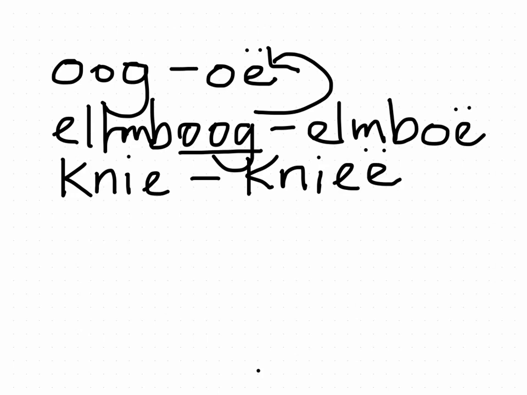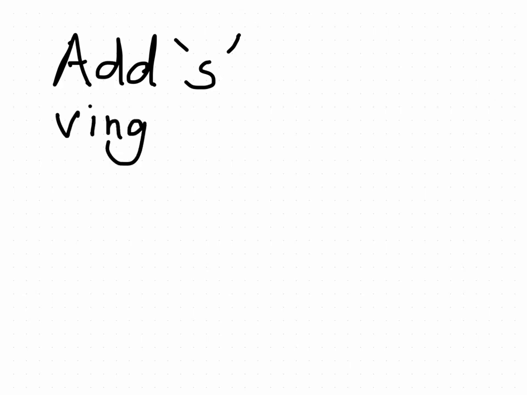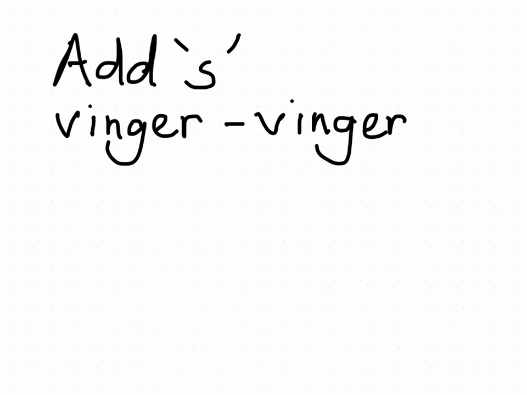All right, and then finally we have simply adding an s to any word. Finally, we have the rule as in English where we add an s to any word. So if we look at some examples, let's take the word finger. Een vinger, 1 finger. 10 fingers. Een arm is your arm. This becomes 2 arms.